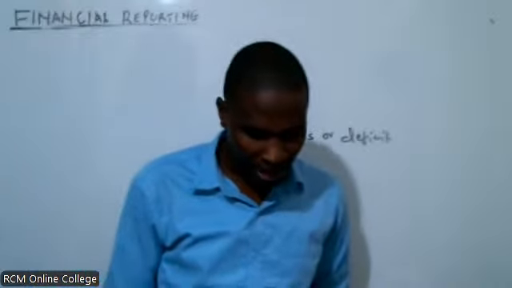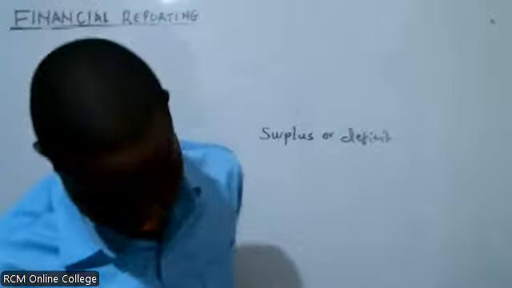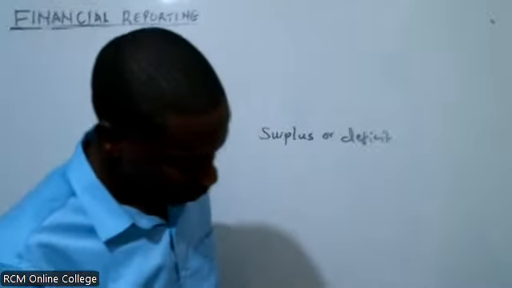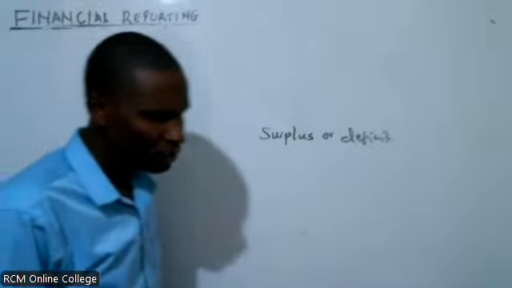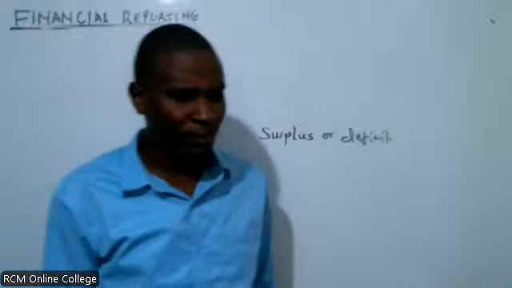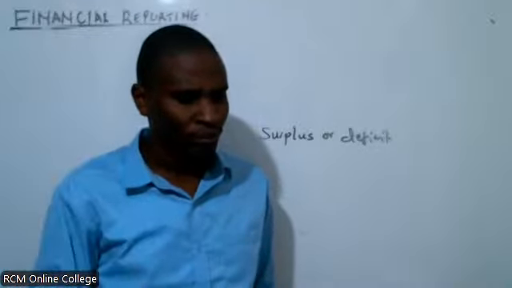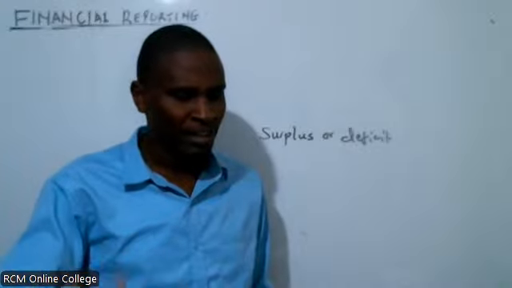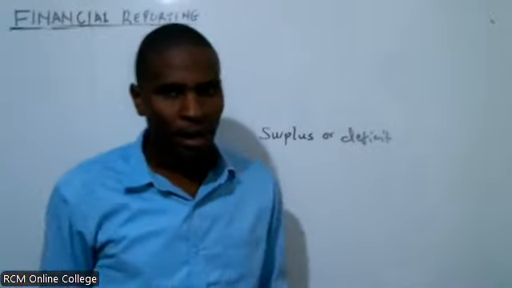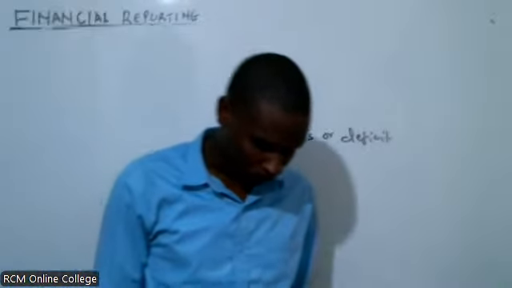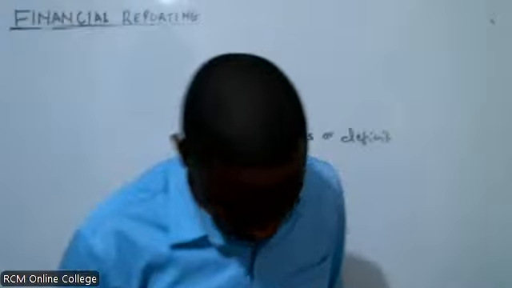Next, if there are no transitional arrangements, change in accounting policies should be applied retrospectively. Retrospectively, what does that mean? We try to trace back to the previous, and as we come forward we amend or change, we bring the change.